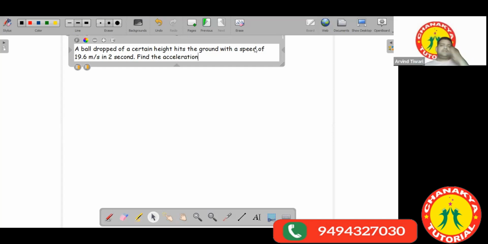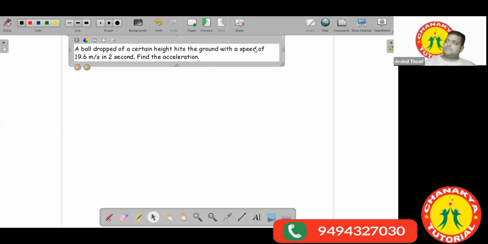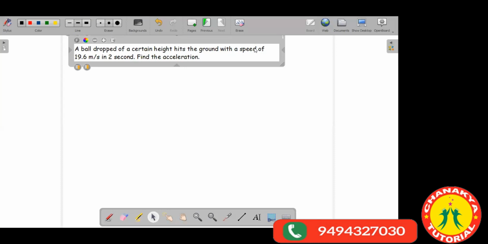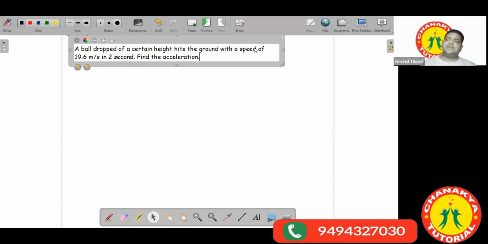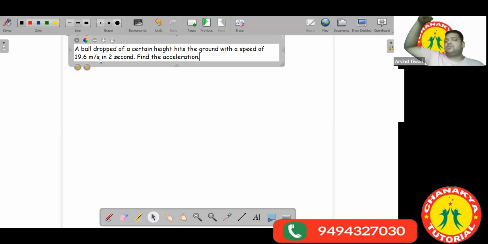Sir, acceleration is equal to 19.6 minus, sir, I'm not able to guess the initial speed. See, initially it was in our hands. It was dropped. So its initial velocity should be 0.